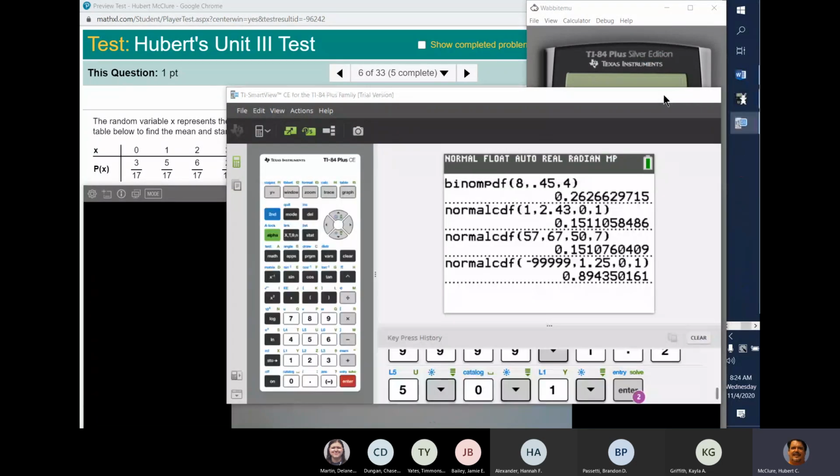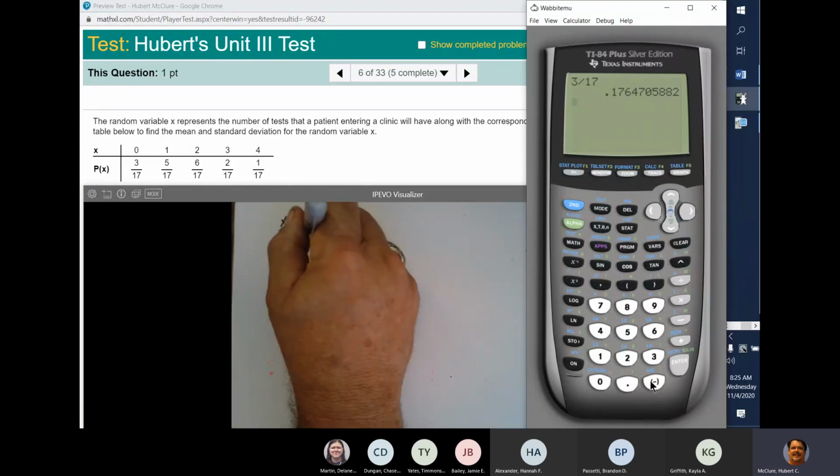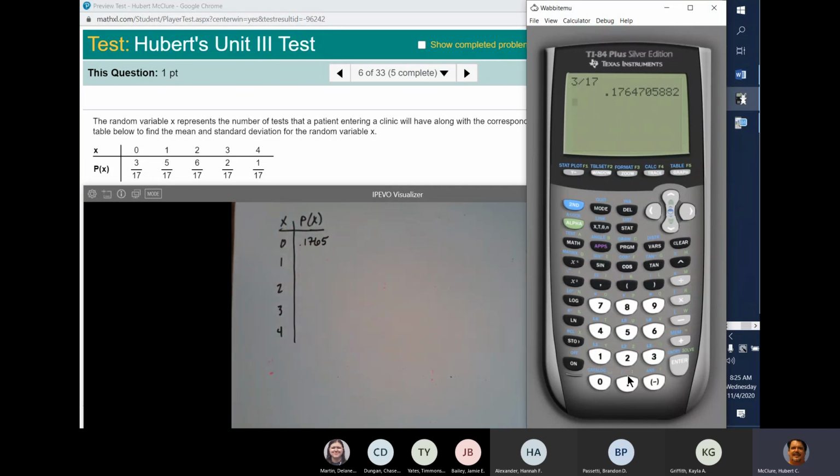So 3 divided by 17 is 0.1765. 5 divided by 17.